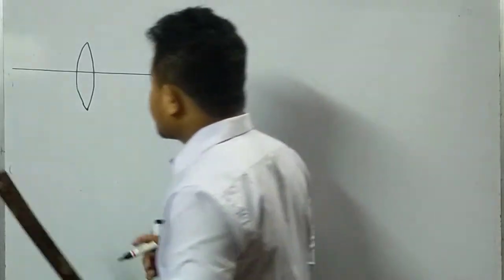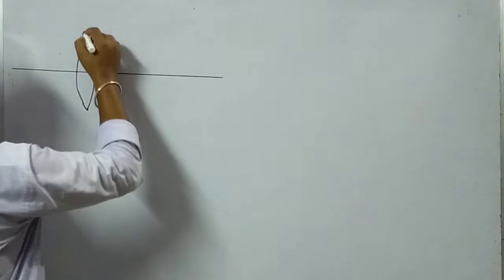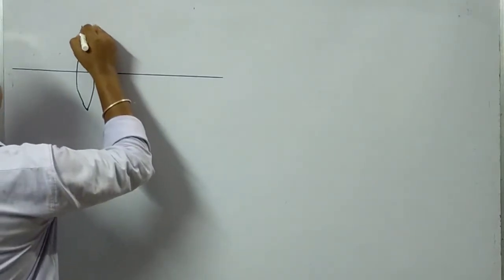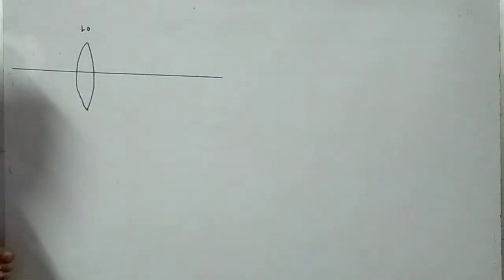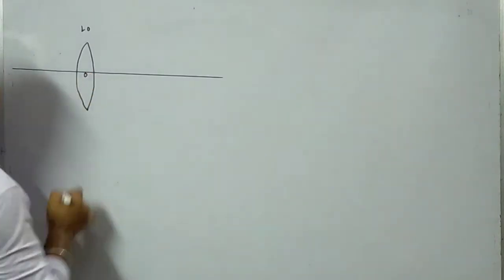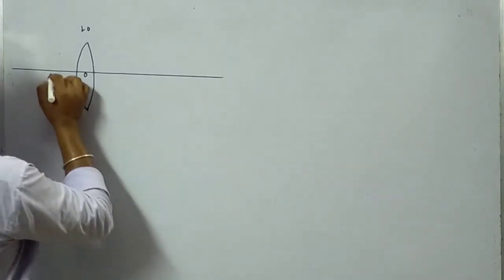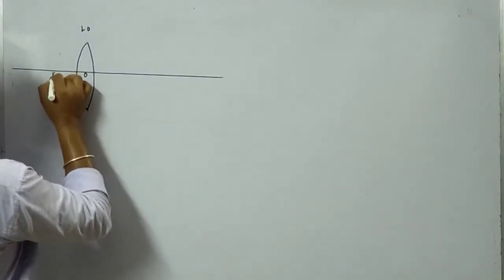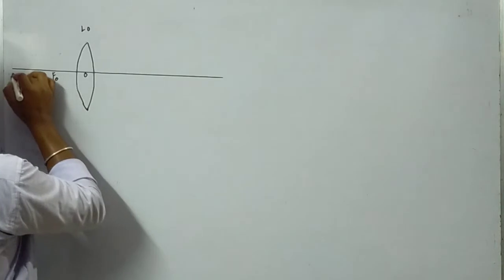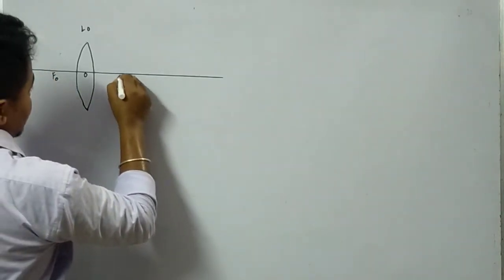So this is a convex lens, and this lens will be the objective lens. Let us suppose this is its optical center. If I consider this as F0, just FO, and this is twice FO.